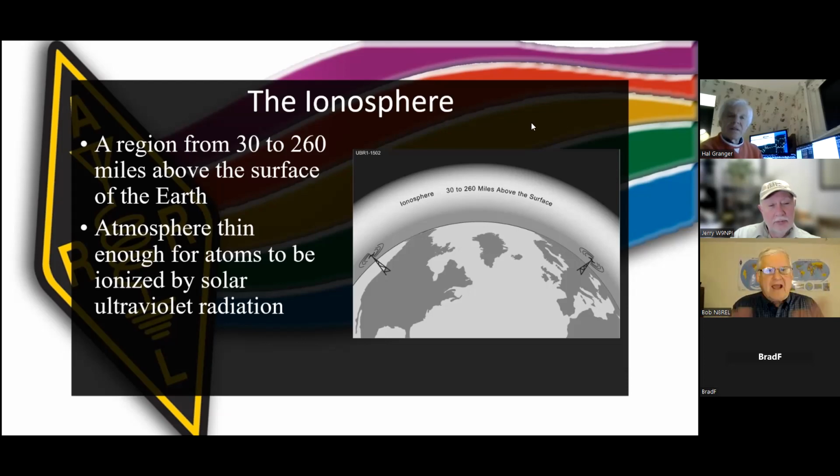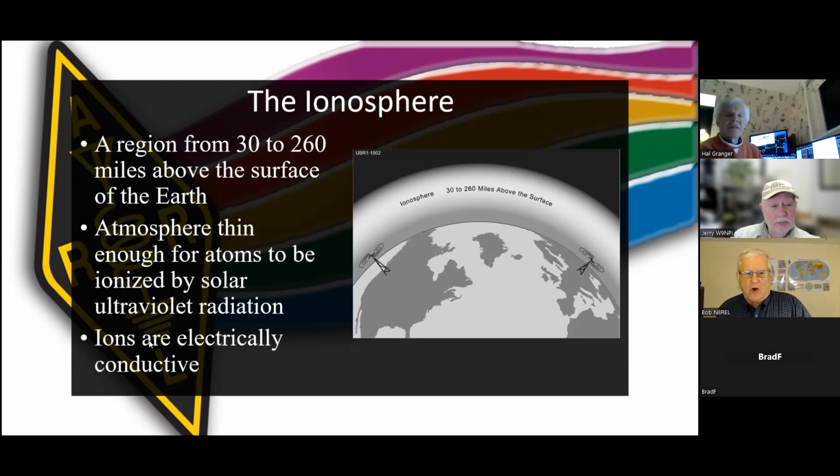So okay, hey, the ionosphere. It's just so cool. It's 30 miles or 50 kilometers to 260 miles above the Earth, and it's thin enough for the atoms to be ionized. It's the ions that are electrically conductive. The ultraviolet radiation from the sun knocks loose some electrons.